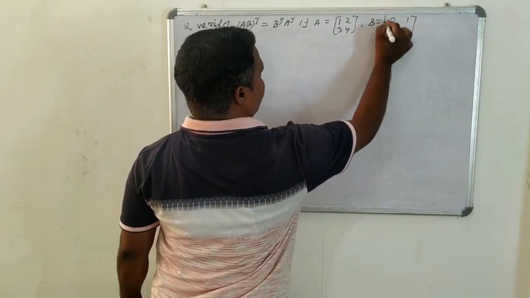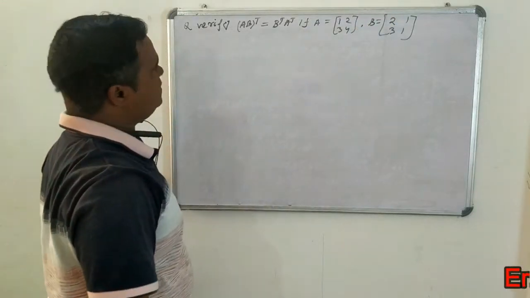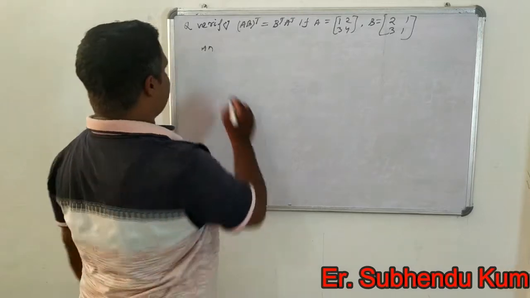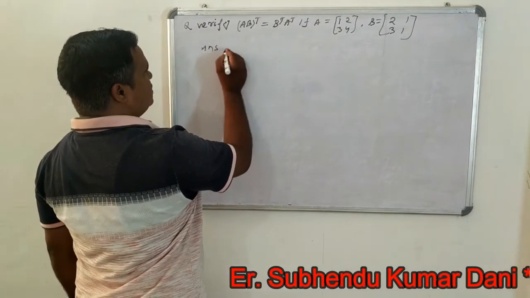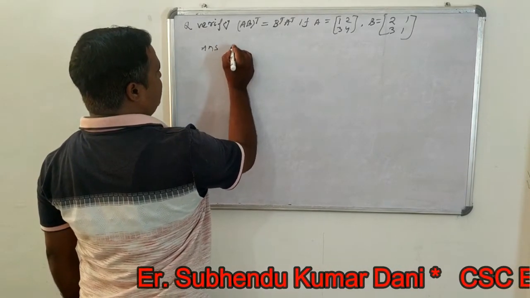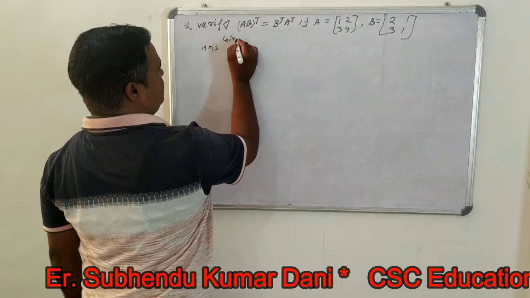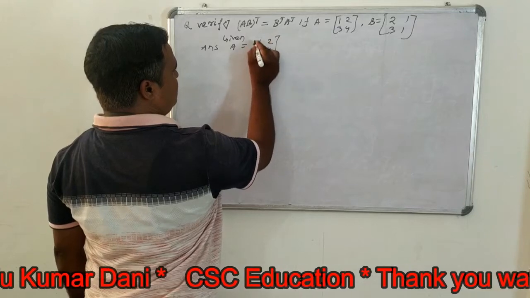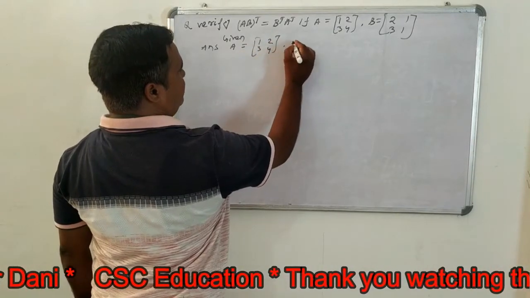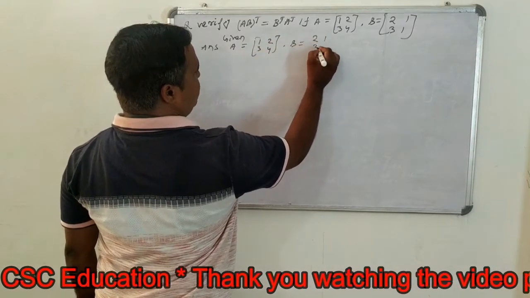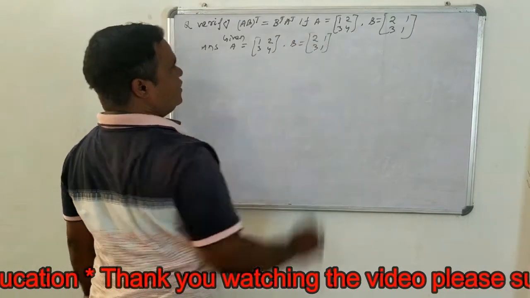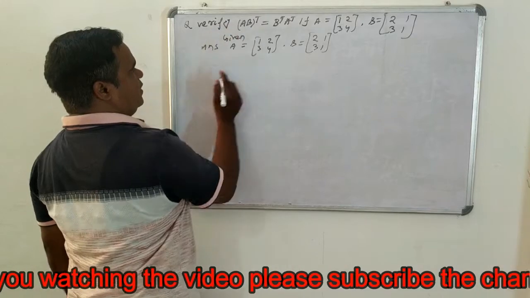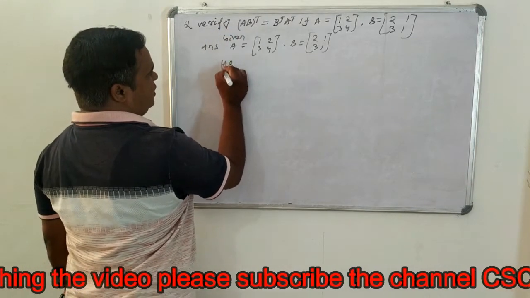So the answer is here. Given A equals 1, 2, 3, 4 and B equals 2, 1, 3, 1.